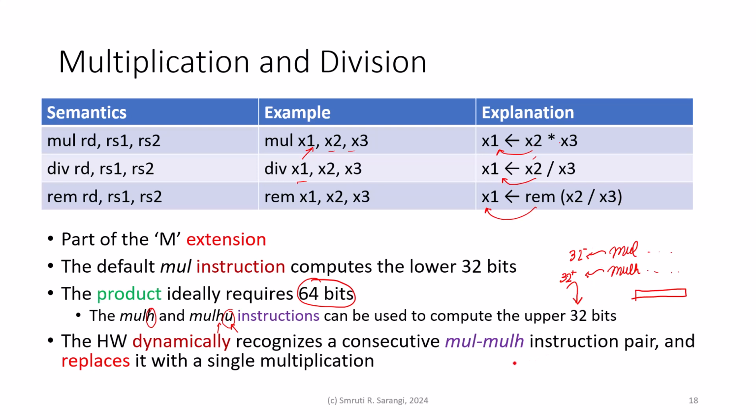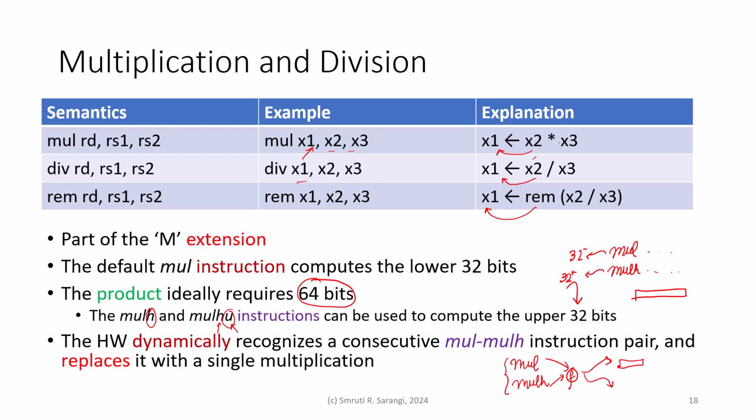So what the RISC-V specification says is that the hardware should dynamically recognize that mul and mul-h are two consecutive instructions and they are multiplying the same thing. If that is the case, it will fuse them into a single instruction, do one single multiplication and write the results to two registers.